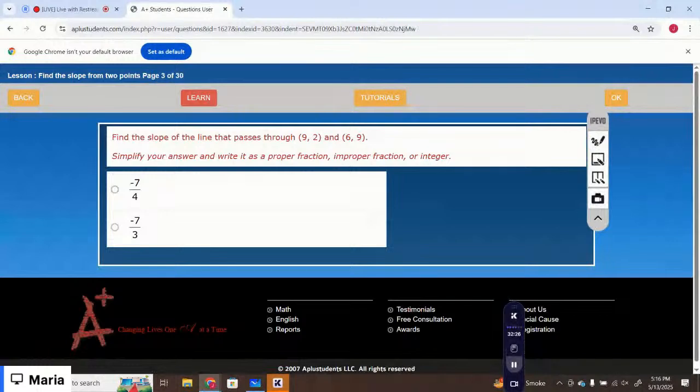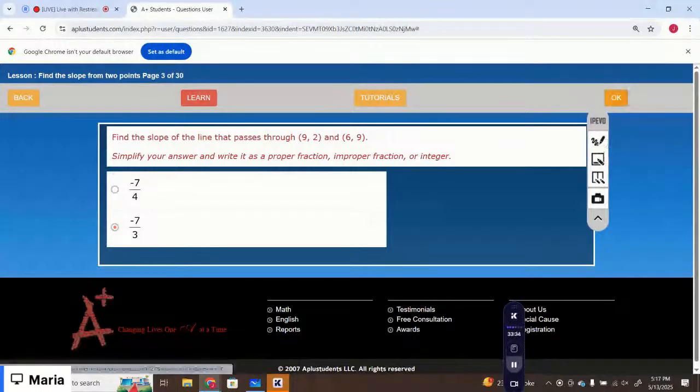Find the slope of the line that passes through 9, 2 and 6, 9. That is negative 7 over 3.